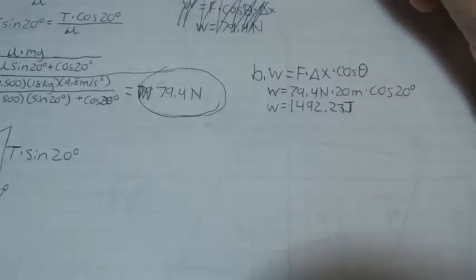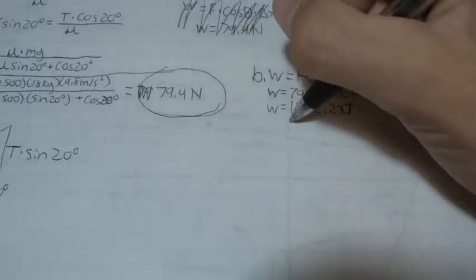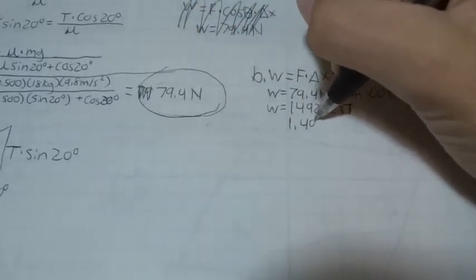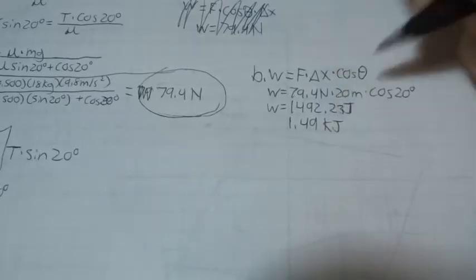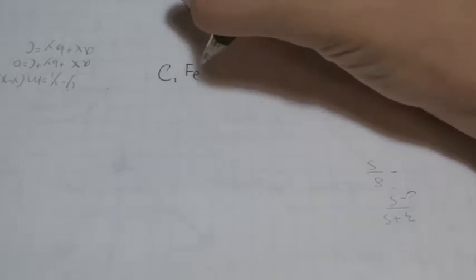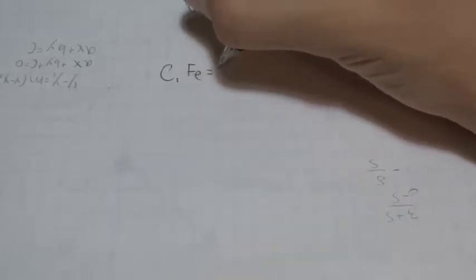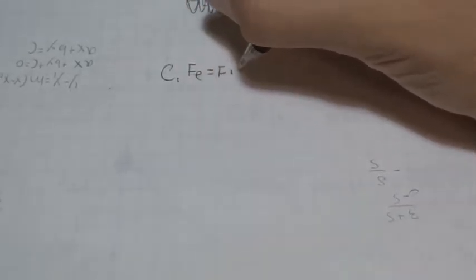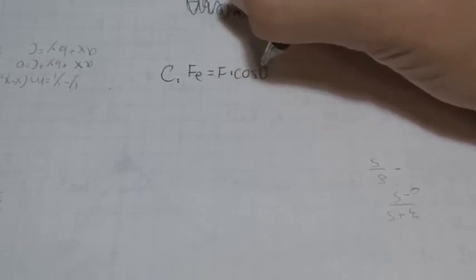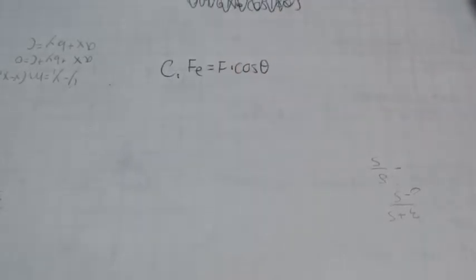So how we do that is 1.49 kilojoules. We will be solving letter C. Letter C reads, what is the mechanical energy lost due to friction? So the way we can write this is F of E equals the force times the cosine of theta.